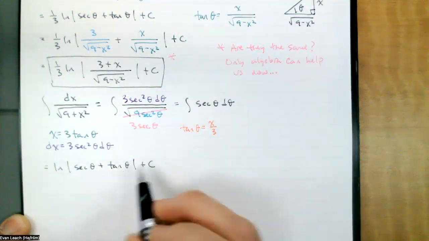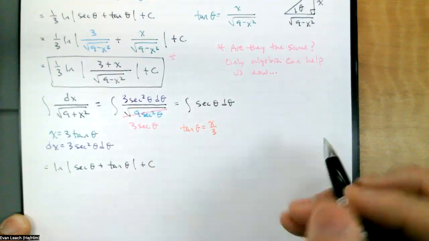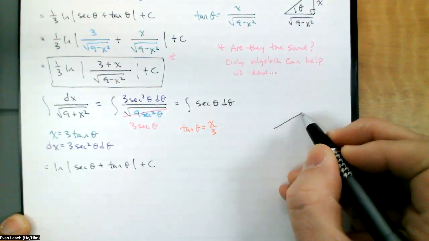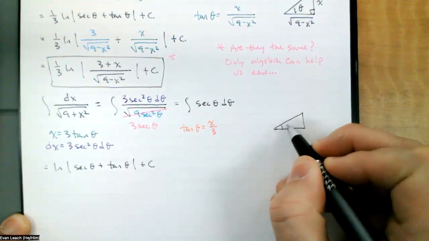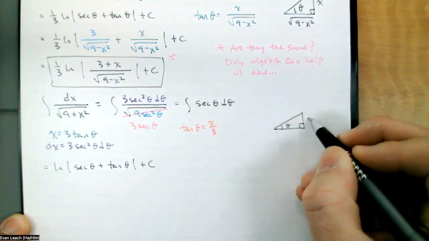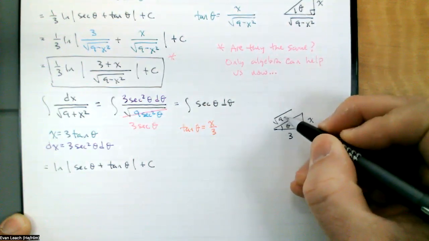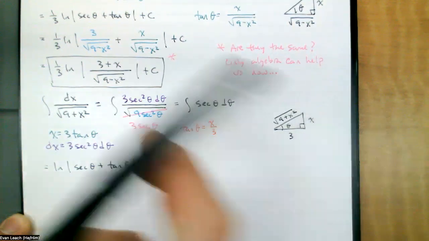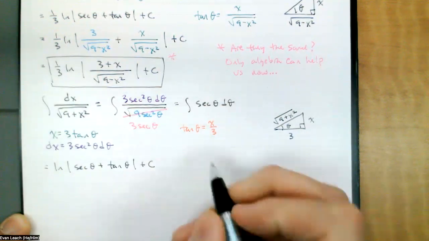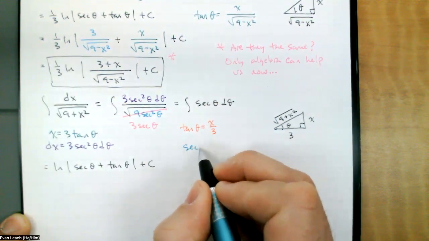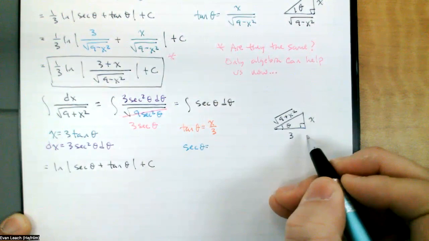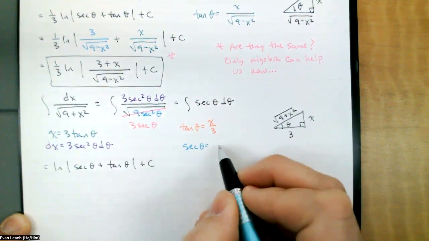So this tangent of theta is going to be an x over 3, and then we'll need a triangle with an opposite and an adjacent, to get our secant theta. So secant theta is hypotenuse over adjacent.